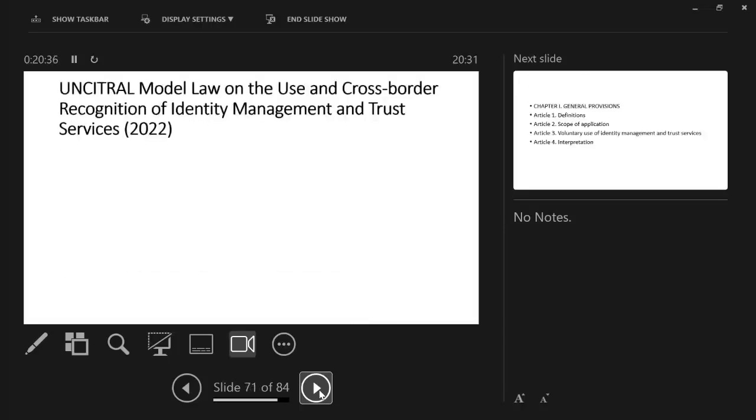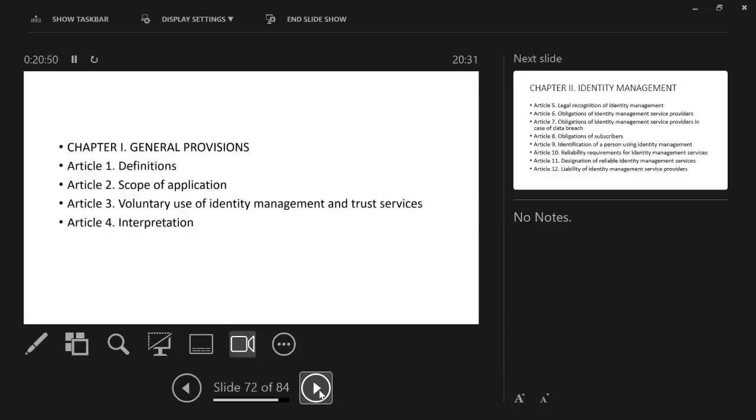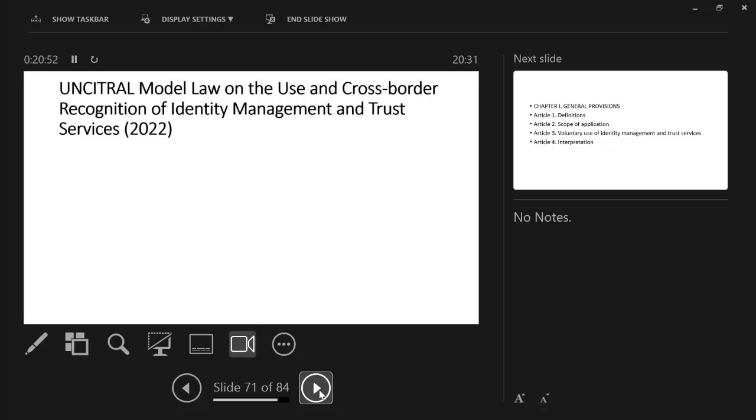This is essentially an effort to build common approaches for recognition of identity management and trust services. Very new model law, very limited take-up so far, but a lot of that is because it's very new.